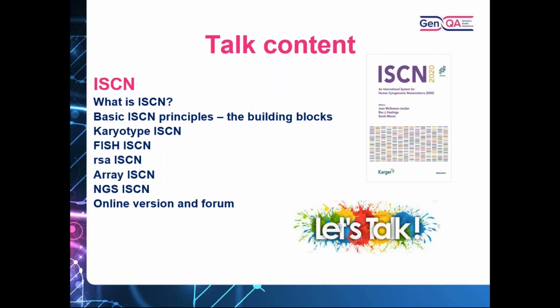And then we'll go into specific ISCN for karyotypes, for FISH, for RSA, regional specific assays, arrays, NGS. There then will be a little bit about the online version and the forum that's available in ISCN 2020, plus a quiz just to keep you interested. And then, of course, questions and answers at the end.